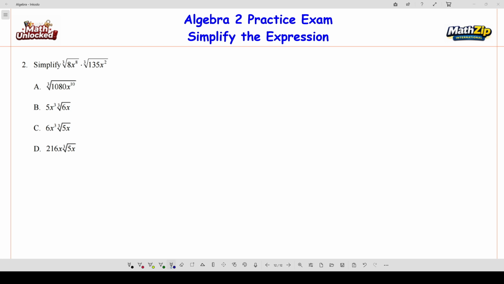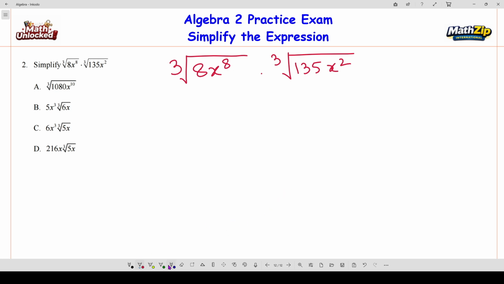Question 2. We are going to simplify cubic root of 8x to the power 8 times cubic root of 135 times x squared.